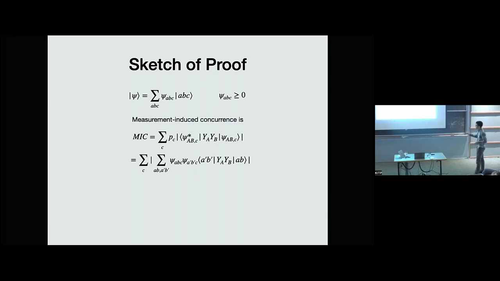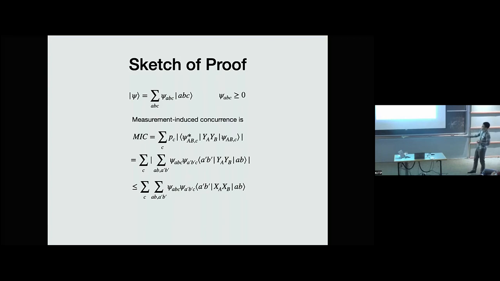Now the non-negativity of the wave function really comes in, because what it means is that this first part doesn't contribute any phases, and all the minus signs are coming from this matrix element here, right? So this means that the most that this absolute value can be is if these phases contribute coherently, or in other words, if we replace the y's by x's.